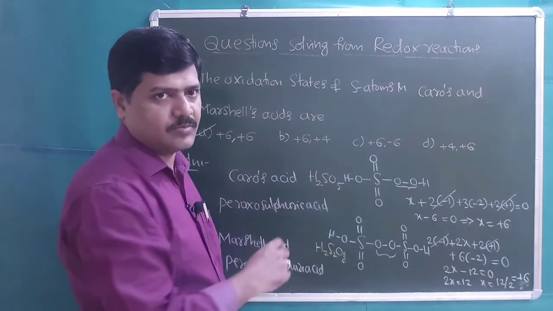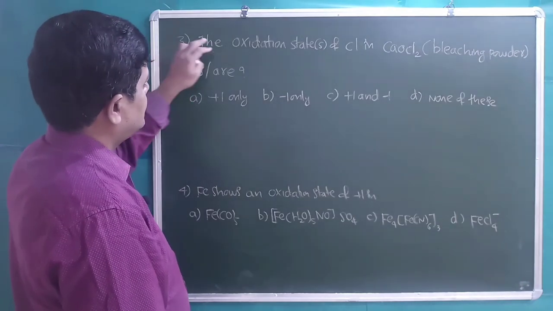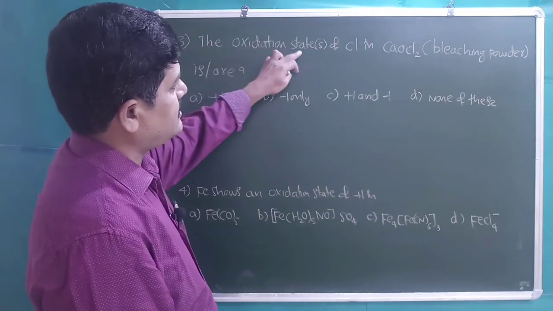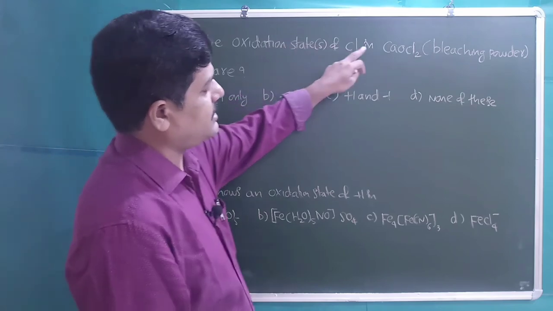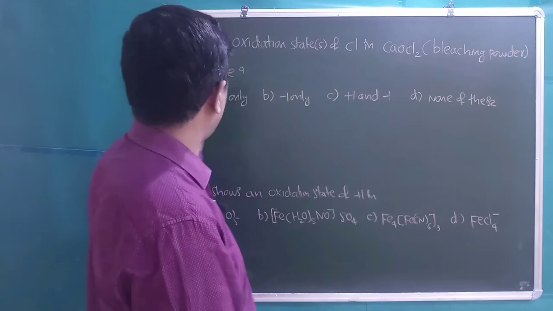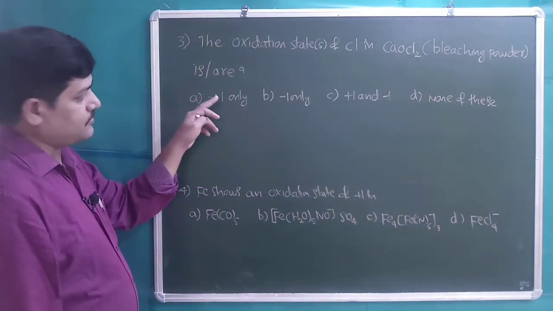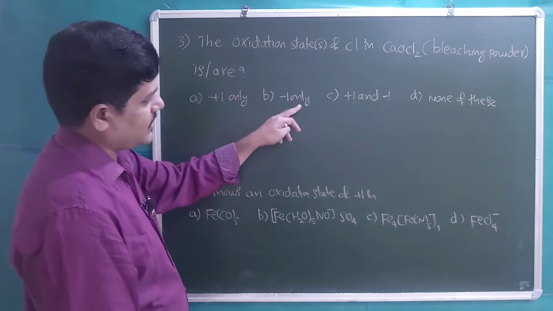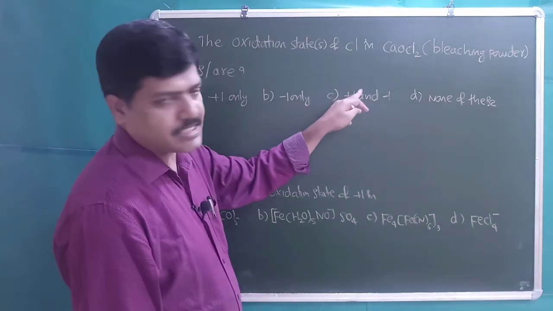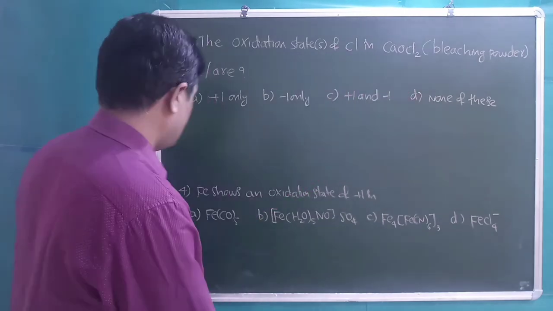Now let us take one more question. Students, third question. The oxidation state or states of Cl in CaOCl2, bleaching powder, is: options are given as +1 only, -1 only, both +1 and -1, none of these.